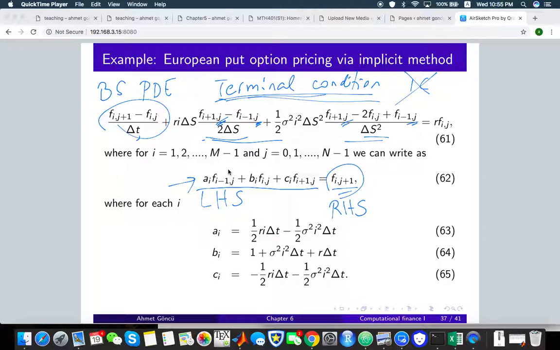And this is why this is implicit. We cannot explicitly calculate the left hand side in this case. And here we have these coefficients a, b, and c i values. These can be calculated for each i value.